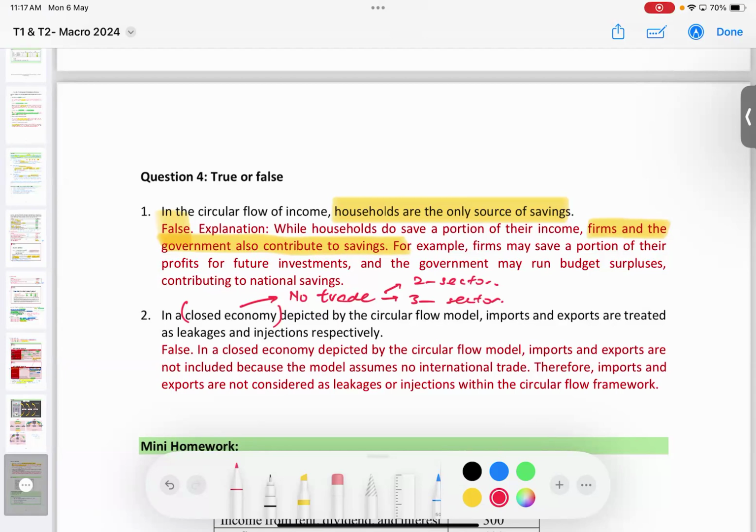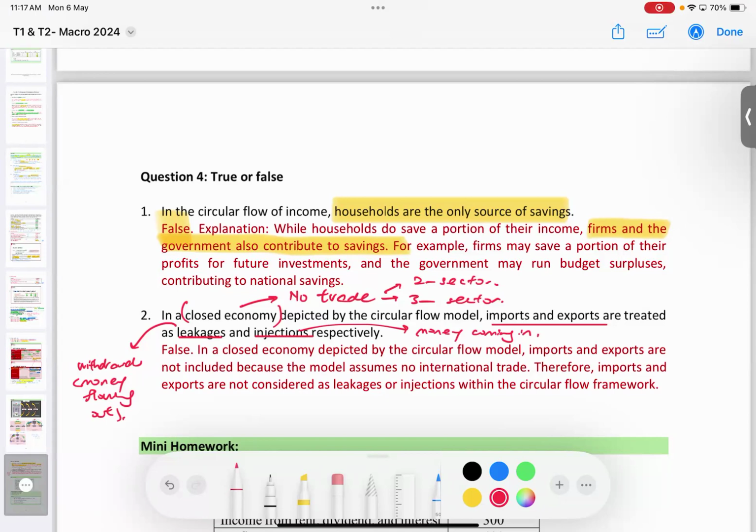So here they say that in a closed economy, imports and exports are treated as leakage. Leakage means like your withdrawal, money flowing out. And injection means money coming in. So is it correct?